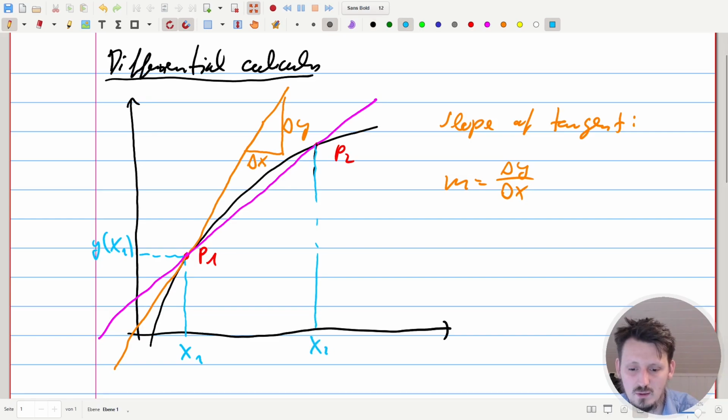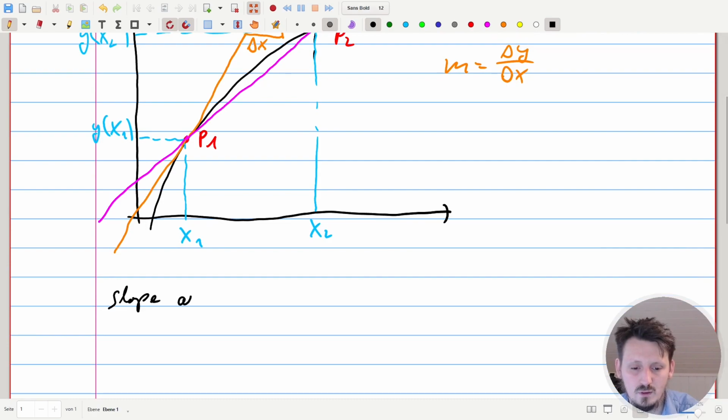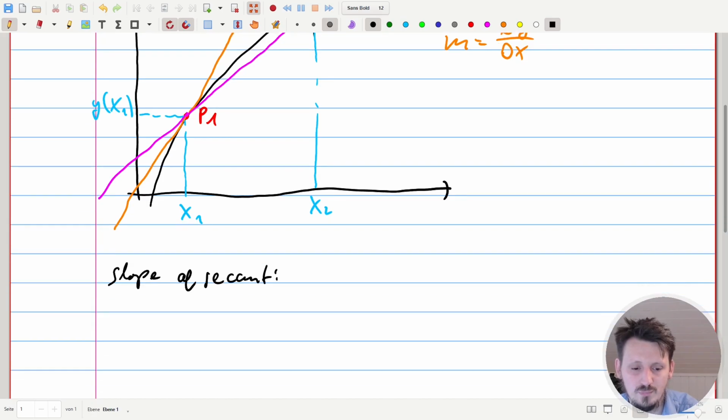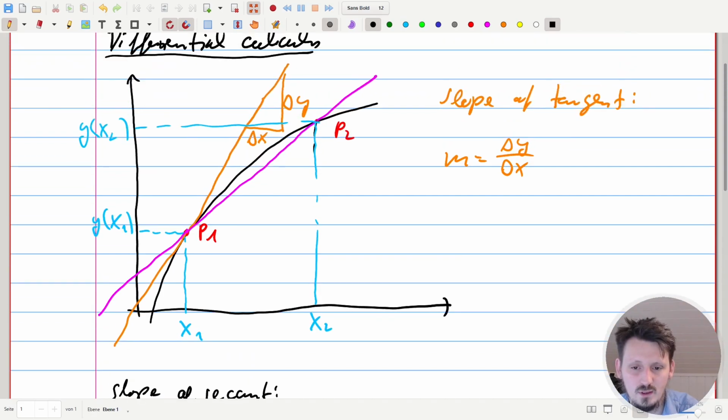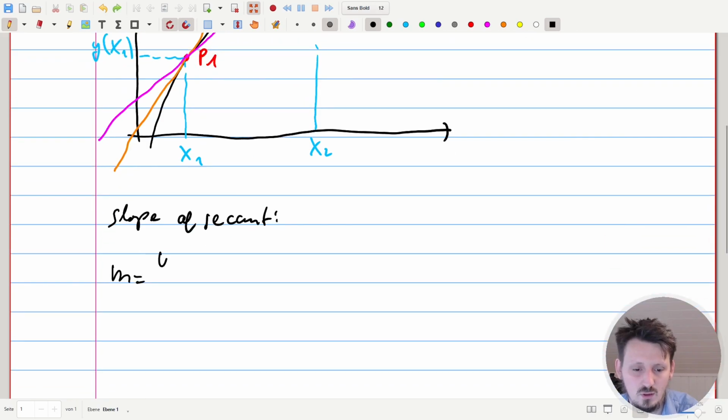So we have here our position x2, and of course also our function value y of x2, and then we can calculate the slope of this secant according to m equals, similar to what we have done for the tangent here, y of x2 minus y of x1 divided by x2 minus x1.